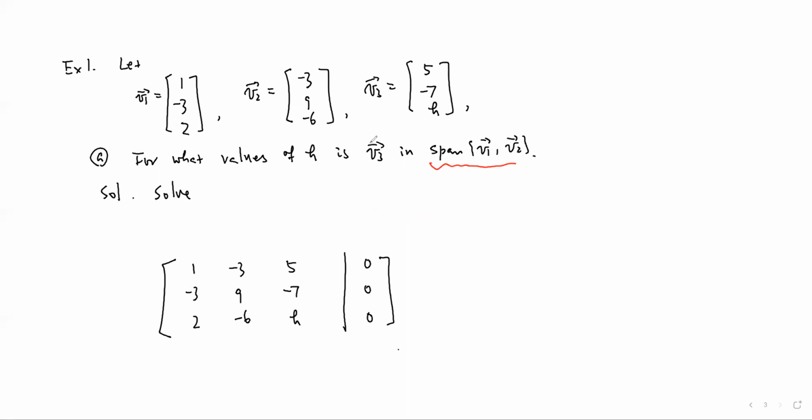Now, for V3 to be in the span, that means that V3 should be able to be written as a linear combination of V1 and V2. Now, to answer the question whether V3 is in the span, we need to solve this equation.